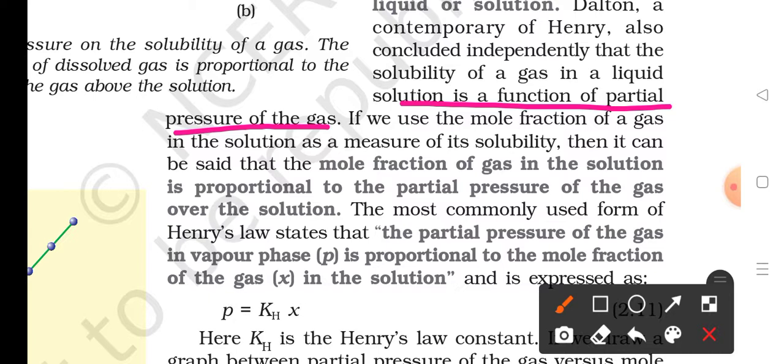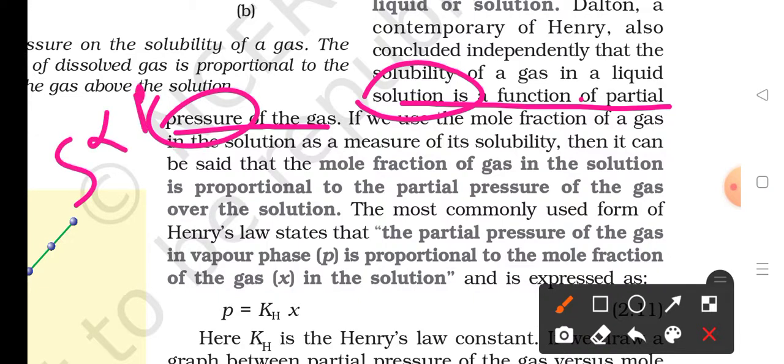He also said that solubility is a function of partial pressure, which means solubility depends directly on pressure. If we increase pressure, solubility also increases. If we decrease pressure, solubility also decreases.